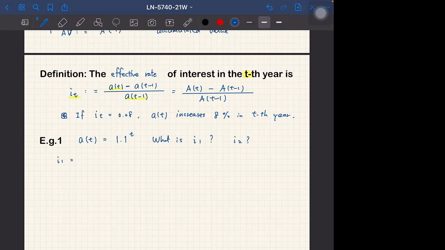So that means A of 1 minus A of 0 over A of 0, which is 1.1 to the first power minus 1.1 to the zero power over 1. So this is 0.1, so 10%.